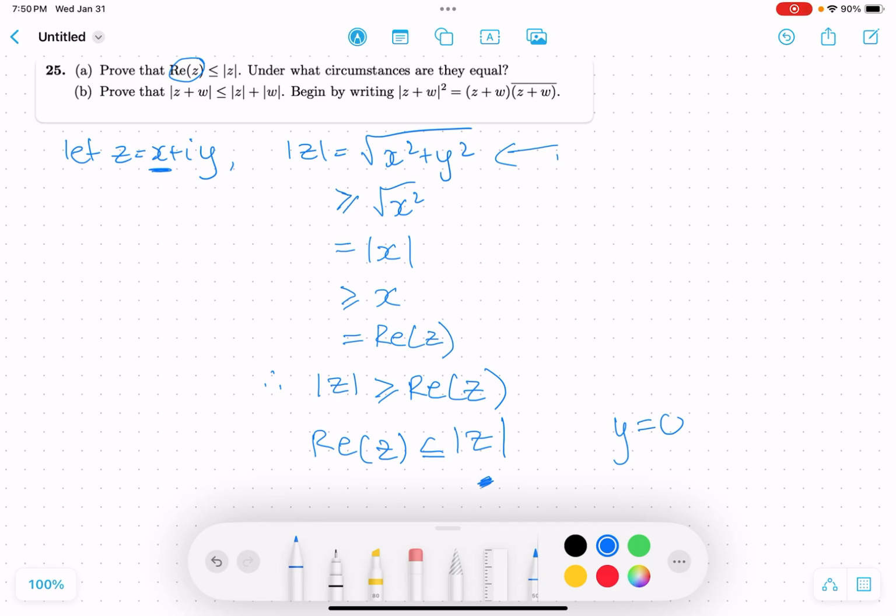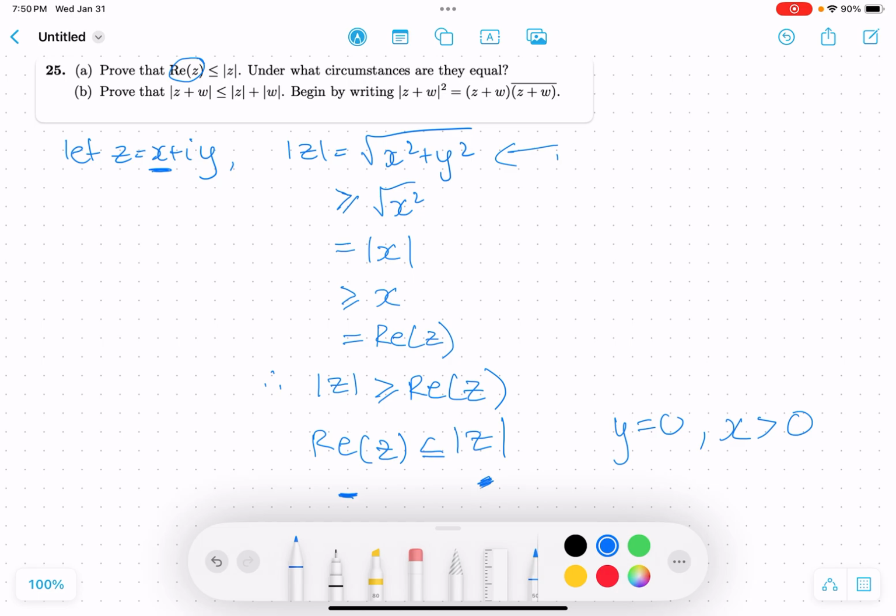So if it was a negative x, it wouldn't be the same because real z would be negative, whereas mod z would be positive. So I guess, yeah, when y equals 0 and when our x is positive, then they would be equal.